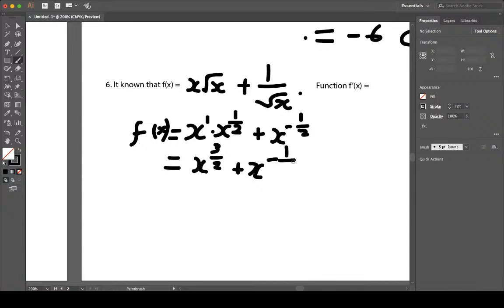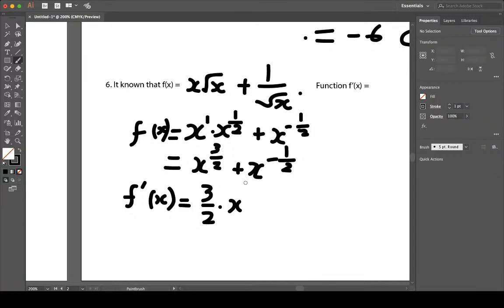So that's good. And now all I need to do is to find what the derivative is. To find the derivative, it's the same thing. You take this 3 over 2, multiply that by the front here, which is 1 in this case. So it's going to be 3 over 2, multiplied by x to the power of 3 over 2 minus 1.